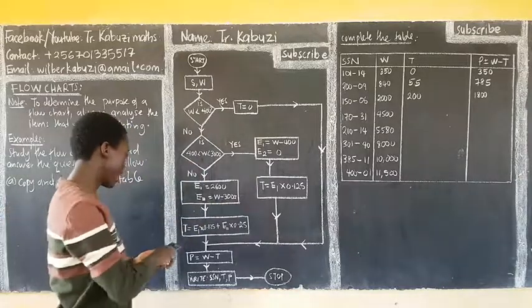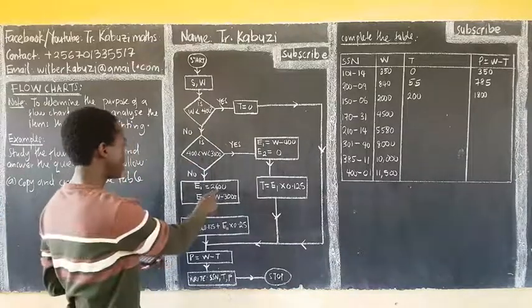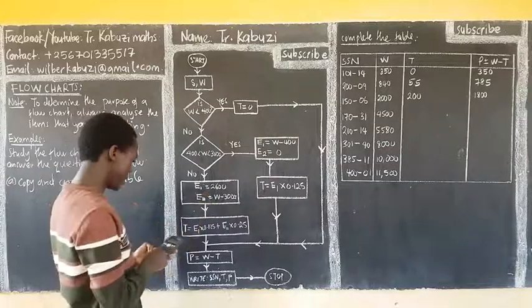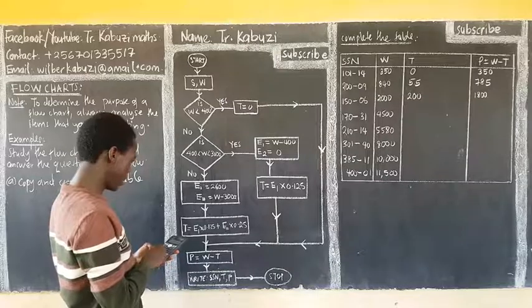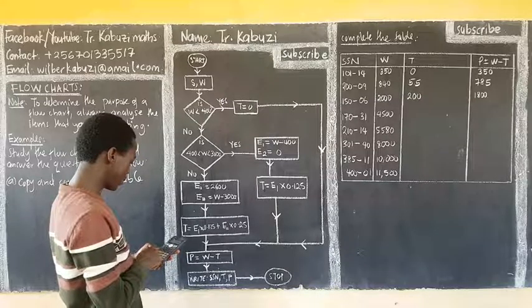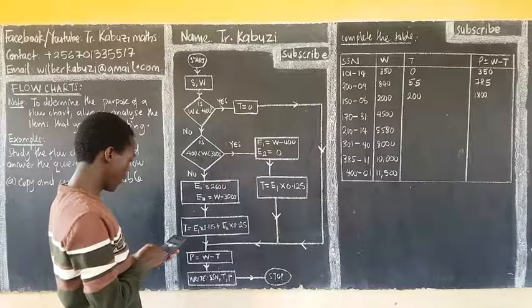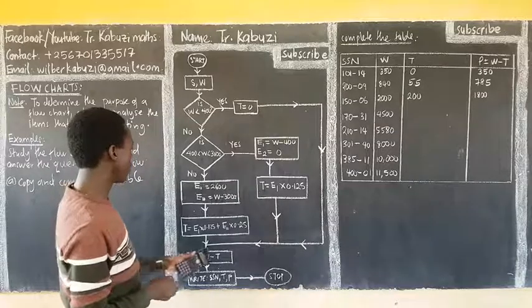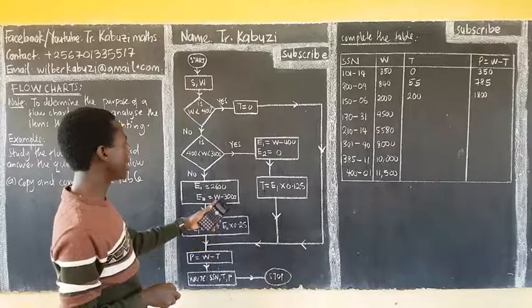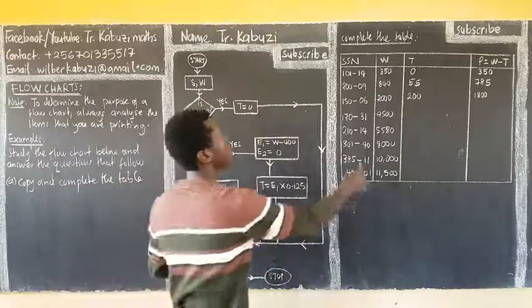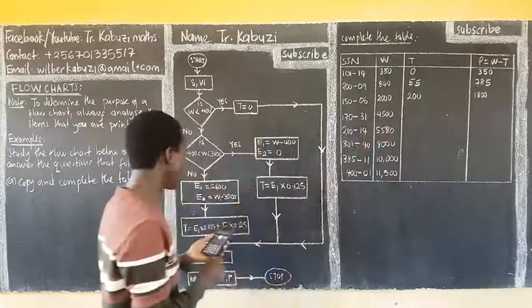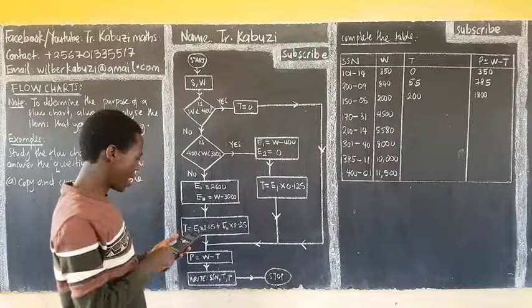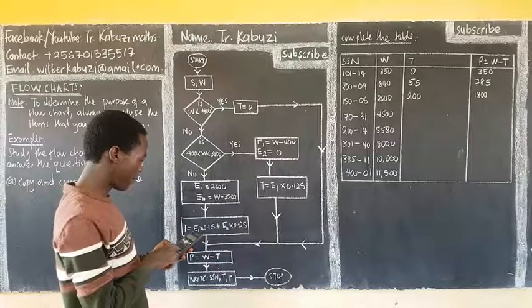So we shall get our E1 times 0.125, then plus E2, where we get W minus 3000, which will give you 500, then times 0.25.